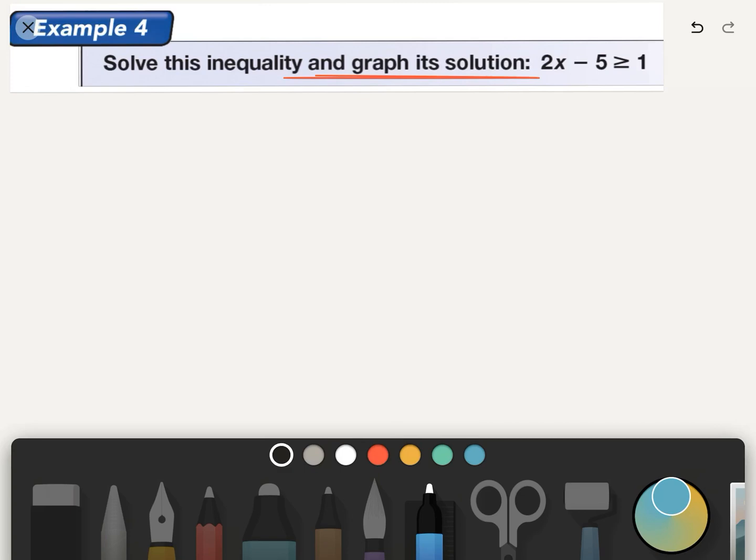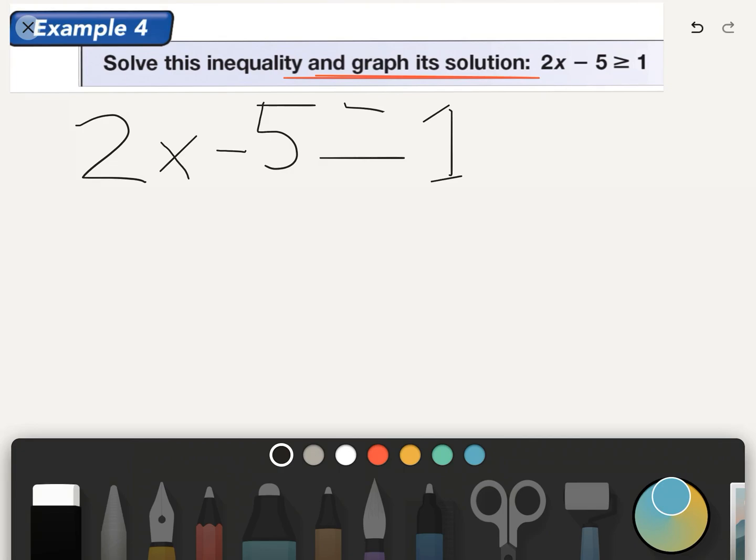So looking at this, but is this really what we've seen before? 2x minus 5 is, whoa, greater than or equal to 1. What sorcery is this? Well, actually it changes nothing. Nothing at all, other than we can graph it. We just do it exactly the same way.